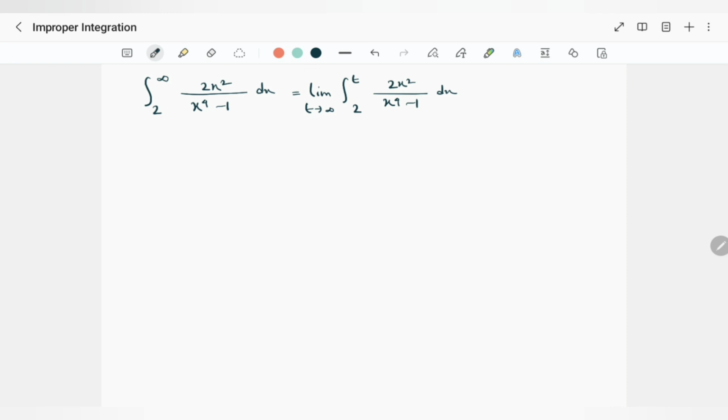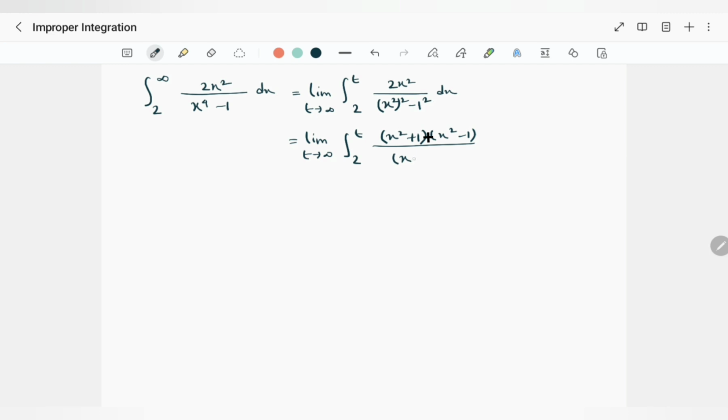Now we can write this function as x square plus 1 and x square minus 1, because x to the power 4 minus 1 is x square squared minus 1 square.